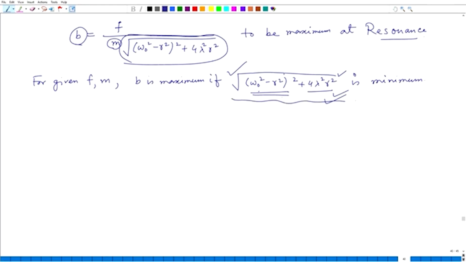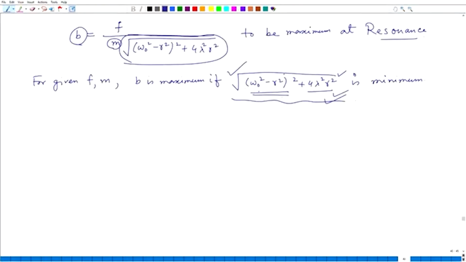This is not right. We have to first think about which quantity we can tune. When an oscillator is made, its omega 0 is already given. A medium is also given.